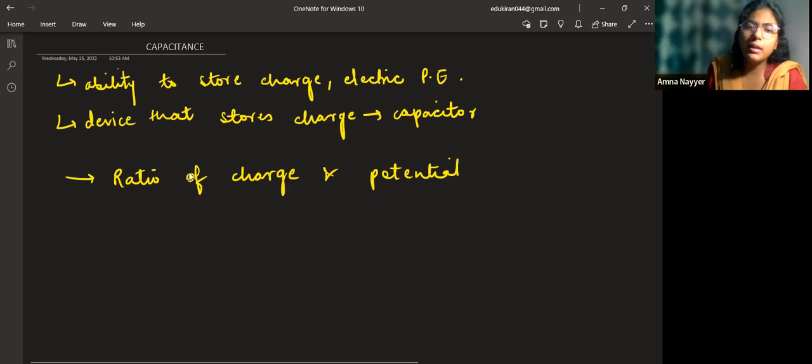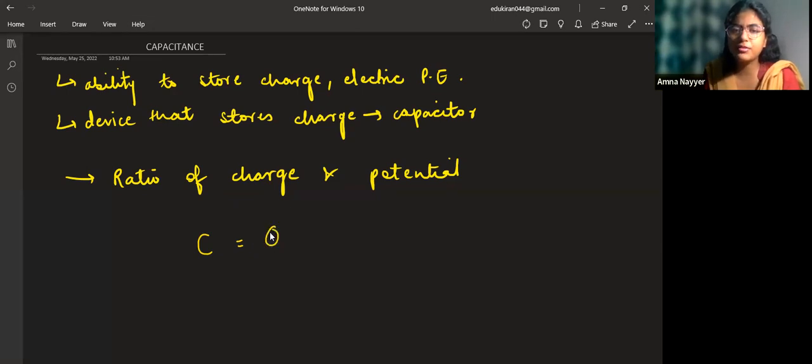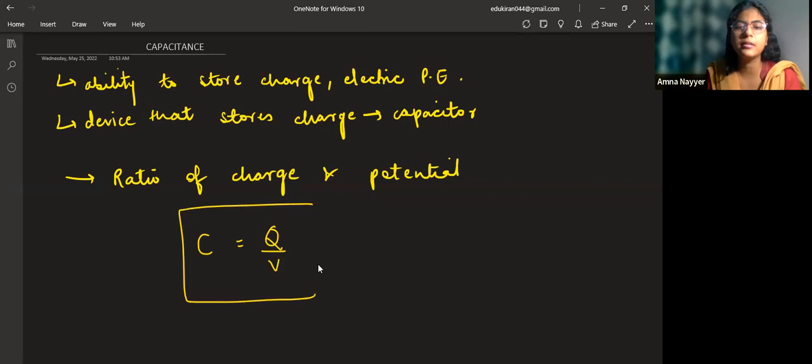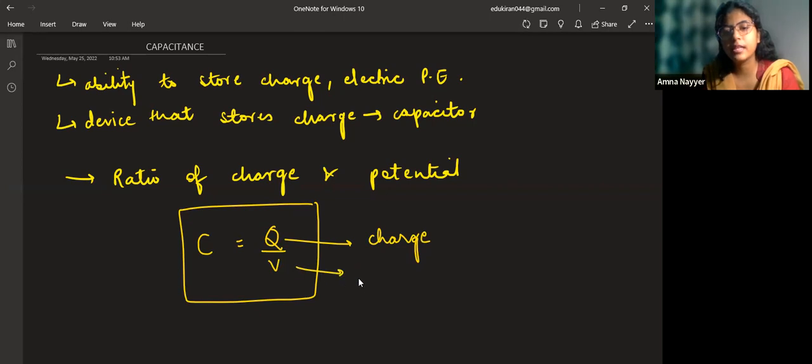We denote capacitance with the letter C. Q is the charge and V is the potential. So the ratio of charge and potential is known as capacitance.